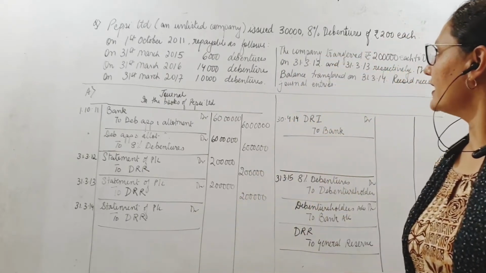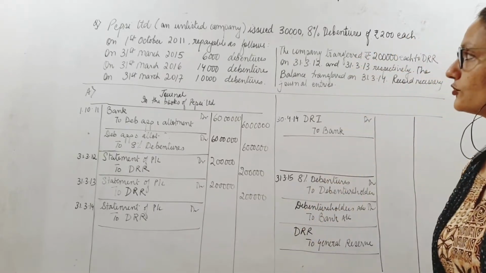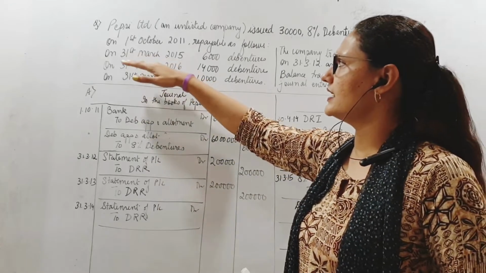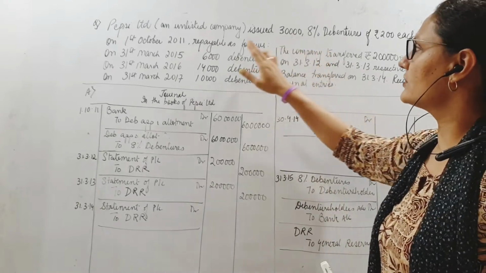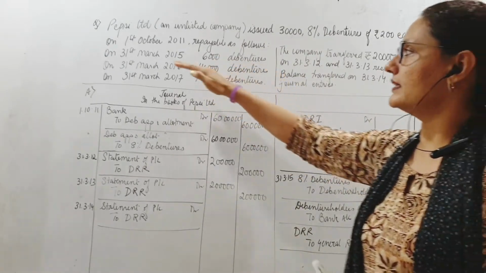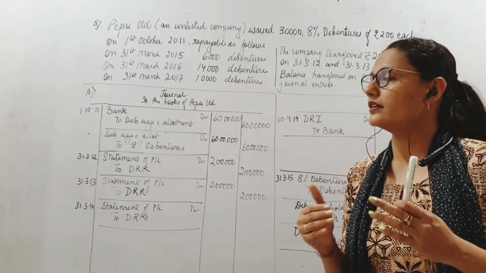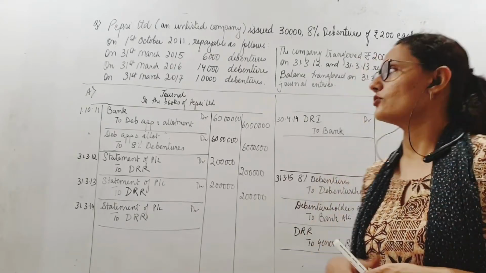Issued 30,000 8% debentures of 200 each on 1st October 2011. Repayable as follows. So these are the three parts in which it is redeeming the entire 30,000 debentures: 6, 14 and 10, total 30,000 debentures, but in 3 different years it is redeeming. So this is called redemption in parts or by draw of lots or in installments.